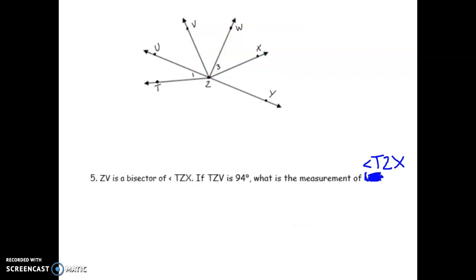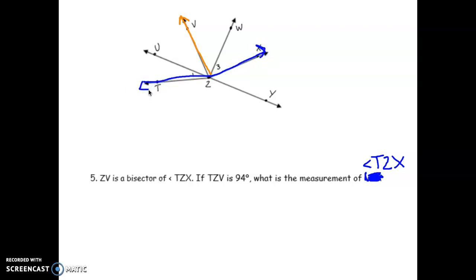All right, last one, number 5. ZV is a bisector of TZX. So here it is, ZV. It is a bisector of TZX, of this angle right here.